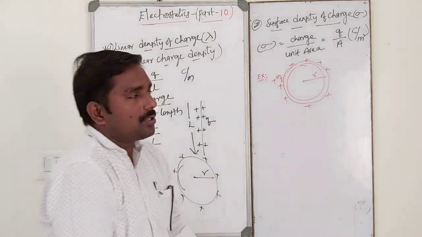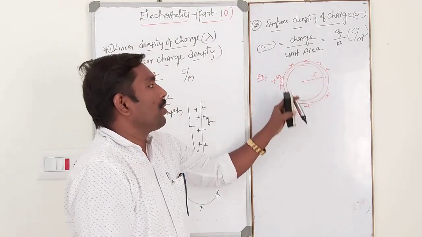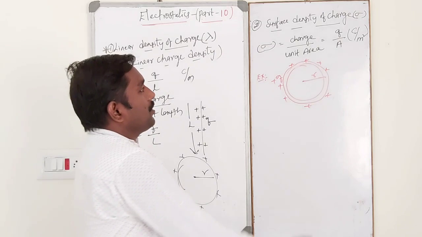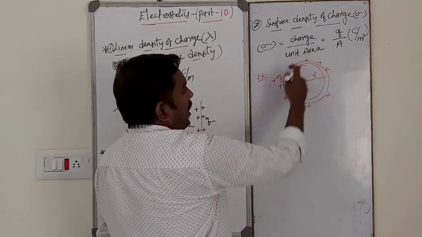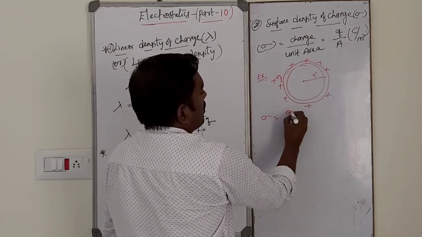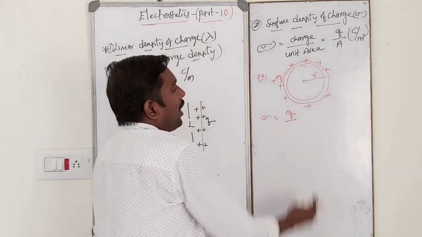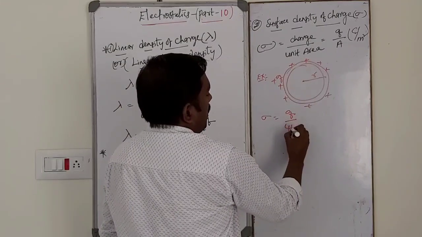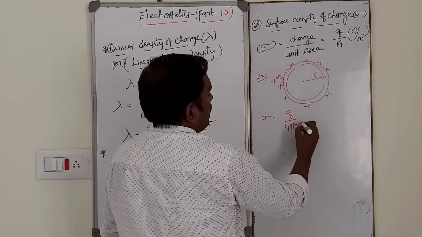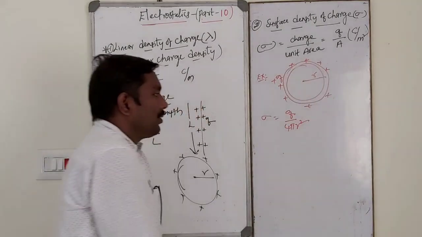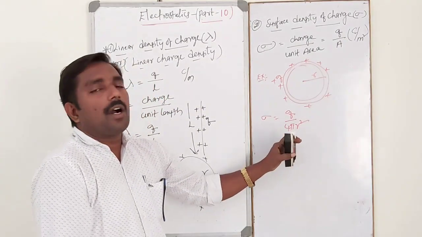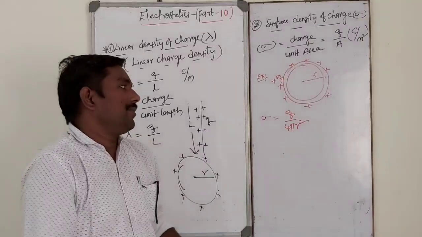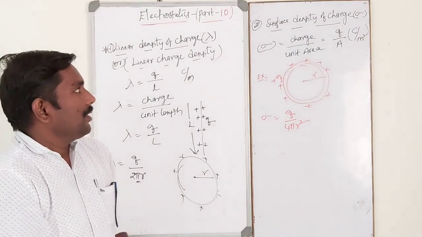In this case, what is the value of surface density of the shell? Simply total charge by area. For a sphere, the area is 4 pi r square, so sigma is Q by 4 pi r square. This is the surface density of charge or surface charge density.